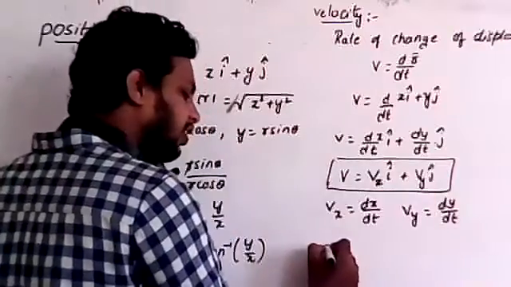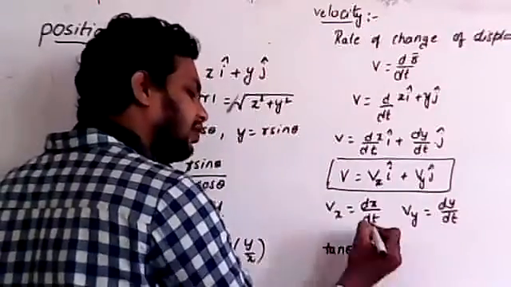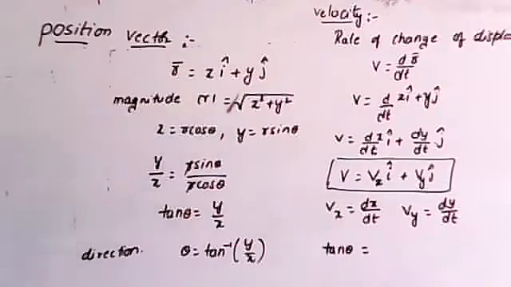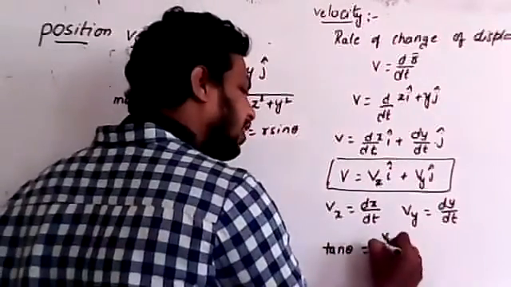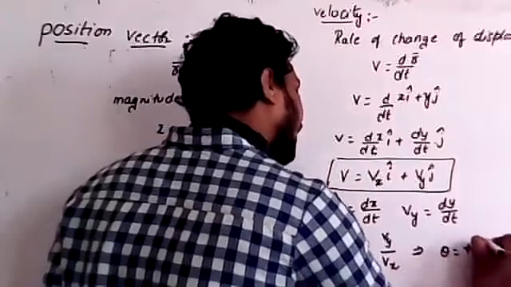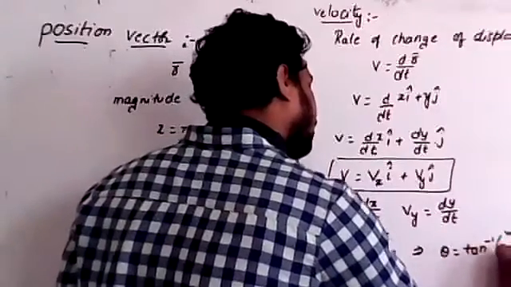Now from this, what is the direction? Tan theta can be taken as, just remember, the y component by the x component. Therefore, tan theta is vy by vx, or theta is equal to tan inverse of vy by vx.